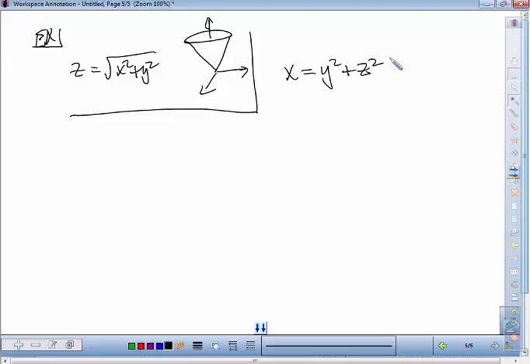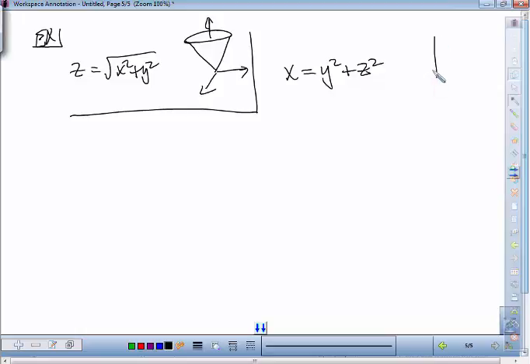What do you think this looks like? So this is a paraboloid. Which kind of paraboloid? Elliptical or circular. It's a circular paraboloid, but you know the cross-sectional cuts are going to be circles because there's no difference in the coefficients here. So this is a circular paraboloid. Opening up which way? In the positive x.